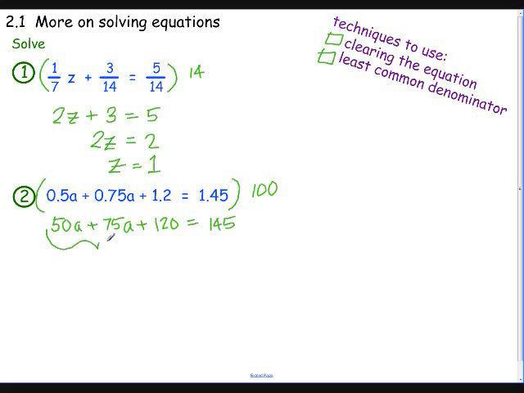These can be combined. This I'm going to subtract from both sides. And my equation will then look like this.